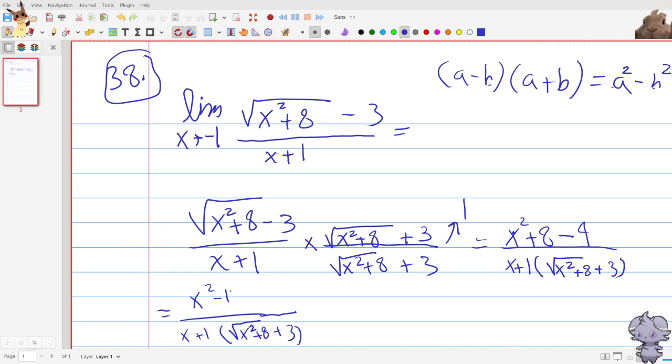As we can see, we can use the difference of squares formula again to factor the numerator: x squared minus 1 is x minus 1 times x plus 1.